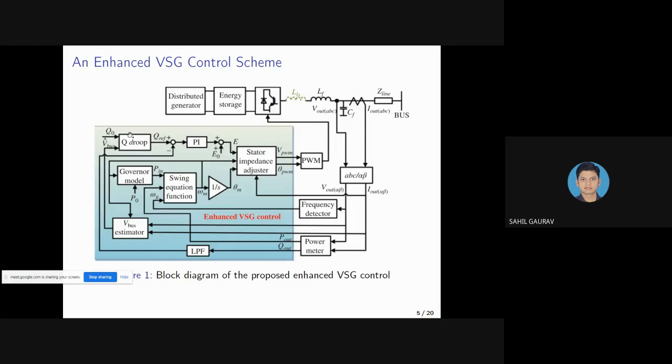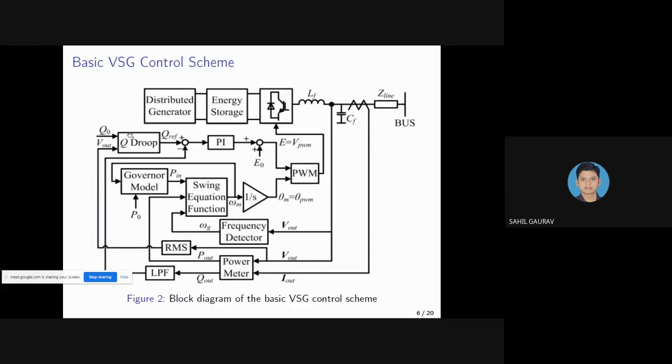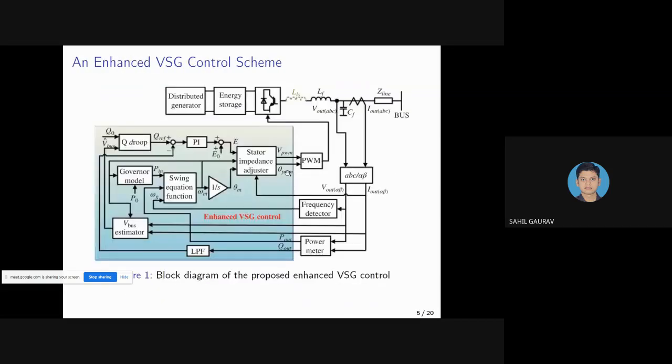And also, in the basic VSG controller scheme, the reference voltage given to the PWM block is given by the Q droop plus PI block, and the phase angle is given by the swing equation function block. But in the enhanced VSG control mechanism, both the reference voltage V PWM and theta PWM are given by the stator impedance adjuster.